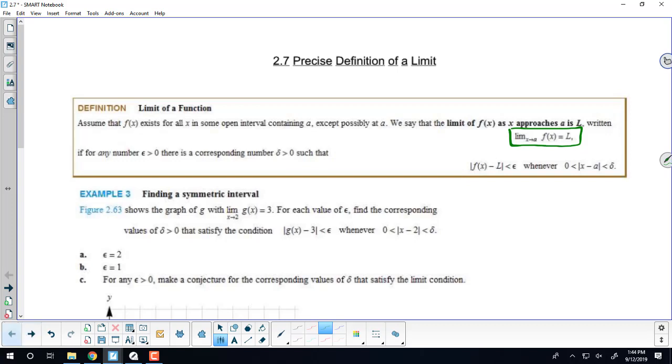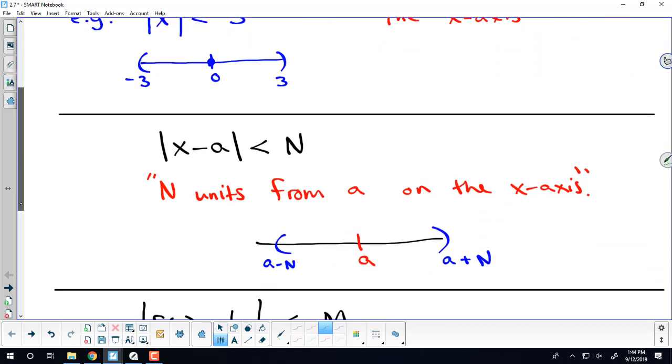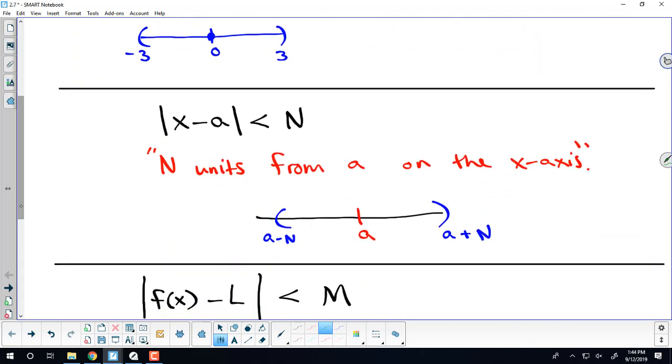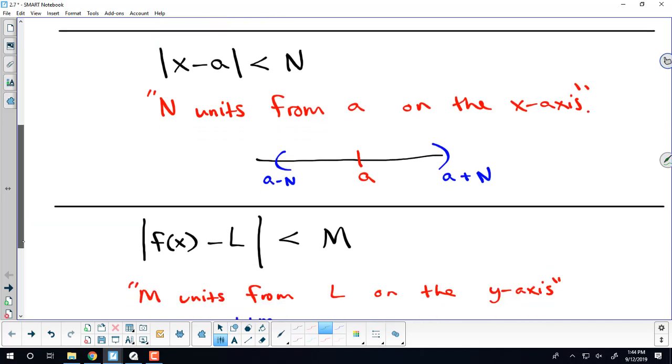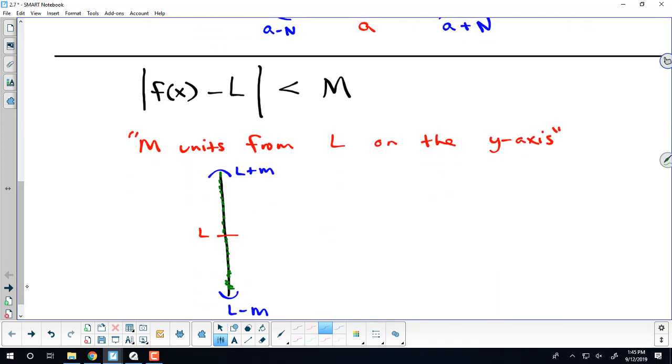If we go back and look at that, we can say, this is our delta. It's a super small number. And what I'm saying is, if I'm within this window of a, then that's going to force f of x to be within some window of this number.